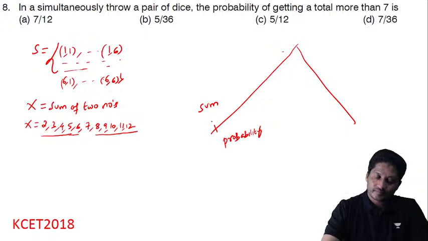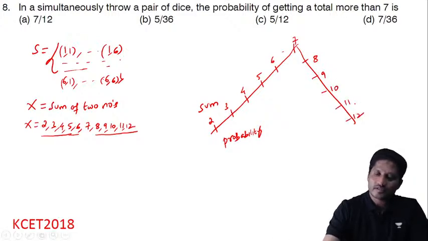This is the sum: 2, 3, 4, 5, 6, 7, 8, 9, 10, 11, and 12. This will be the sum.